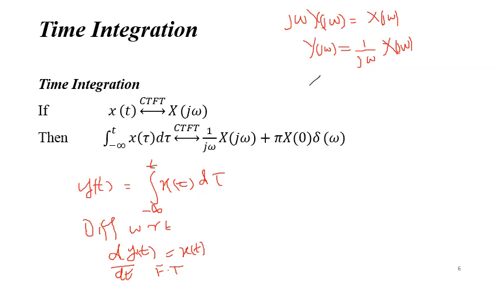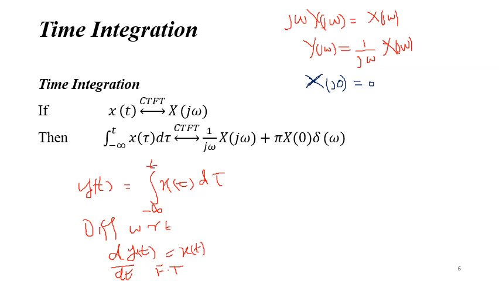For those signals, X of j omega equals 0 at omega equal to 0, so it is valid only for signals which have zero DC value. For signals which have a non-zero DC or average value, we can modify the expression.